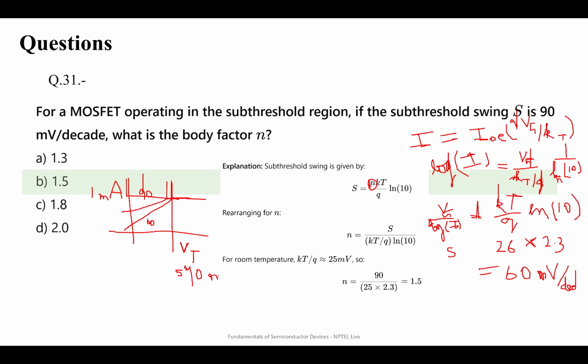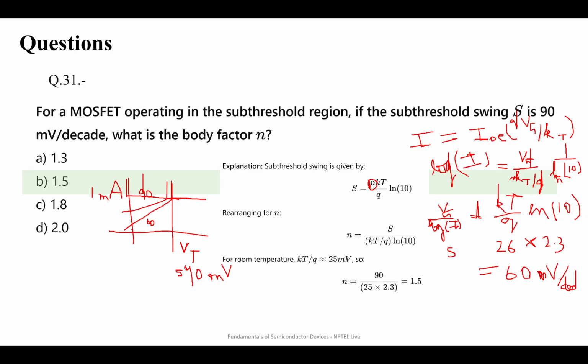So my VT is 540 millivolts and my on current at VT is 1 milliampere.